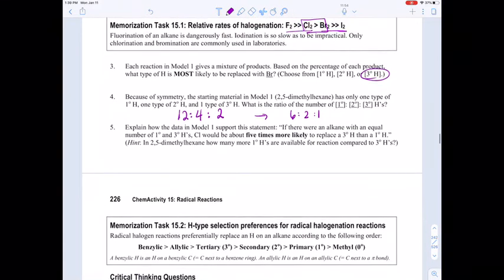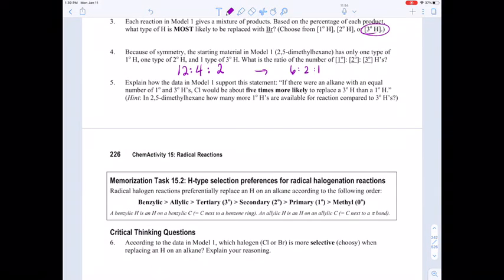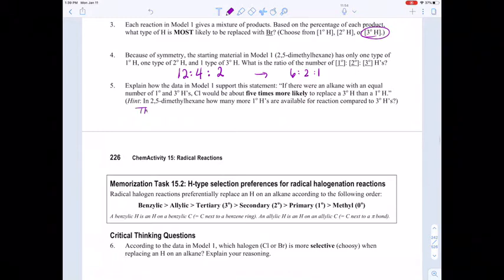So again, hit pause. I'm going to give you some time to think this through. Okay, this is my explanation. There are 6 times more primary hydrogens than tertiary.